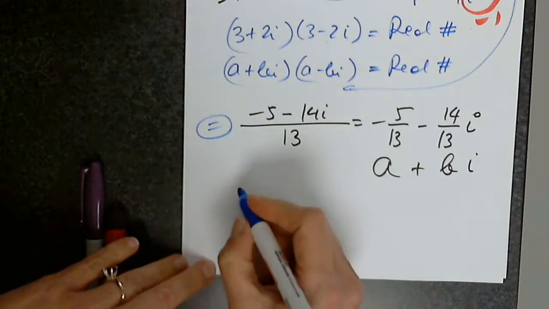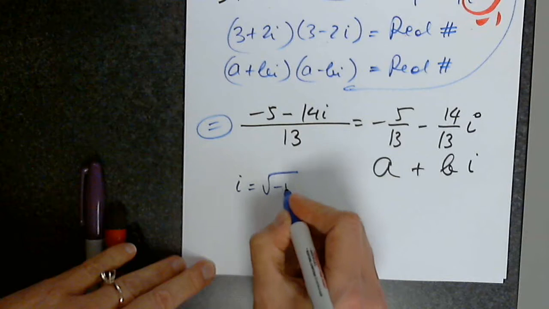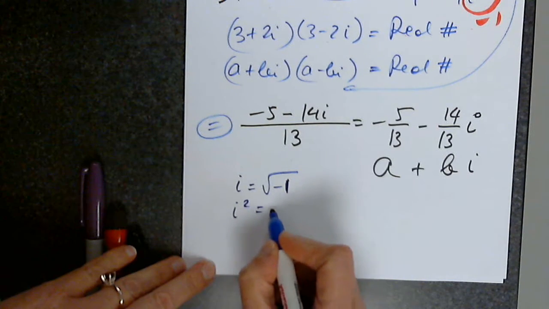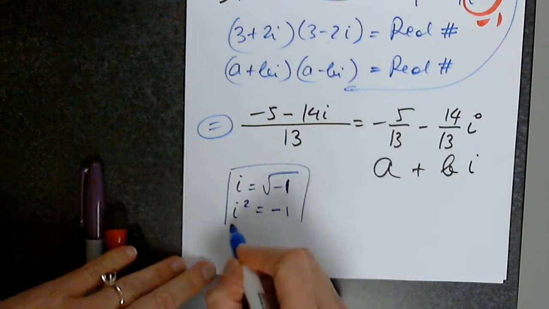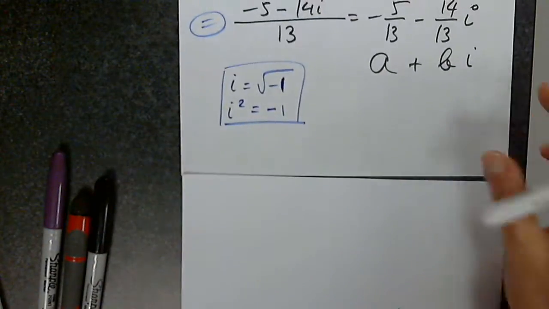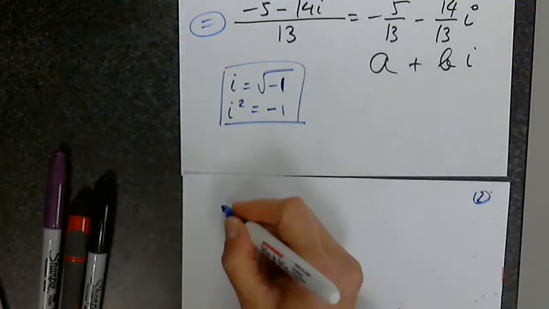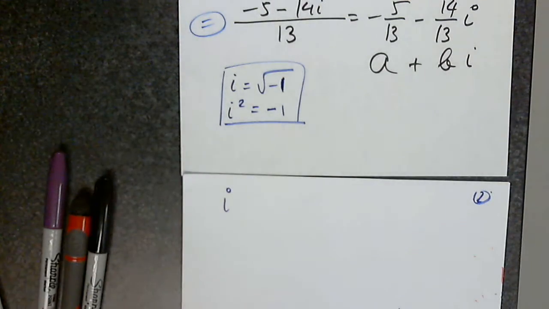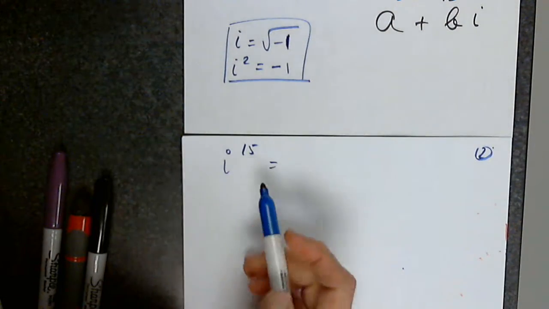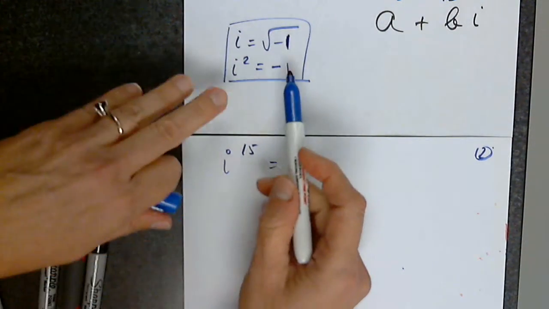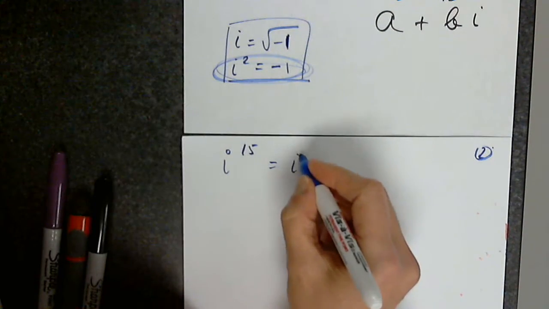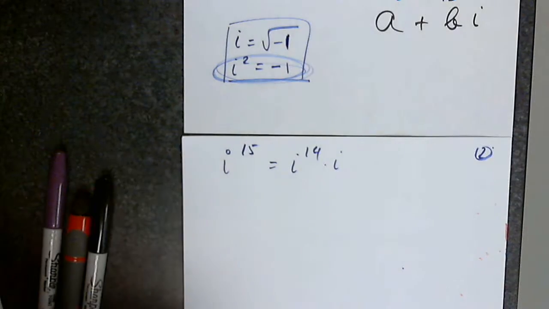of i. So all I know about i is this. It's the square root of negative 1, and I know i squared equals negative 1. So give me a power of i to any number you can think of. i to the 15, very good. Since 15 is not an even number and this is the only thing I know, I will have to split it into 14 and 1.